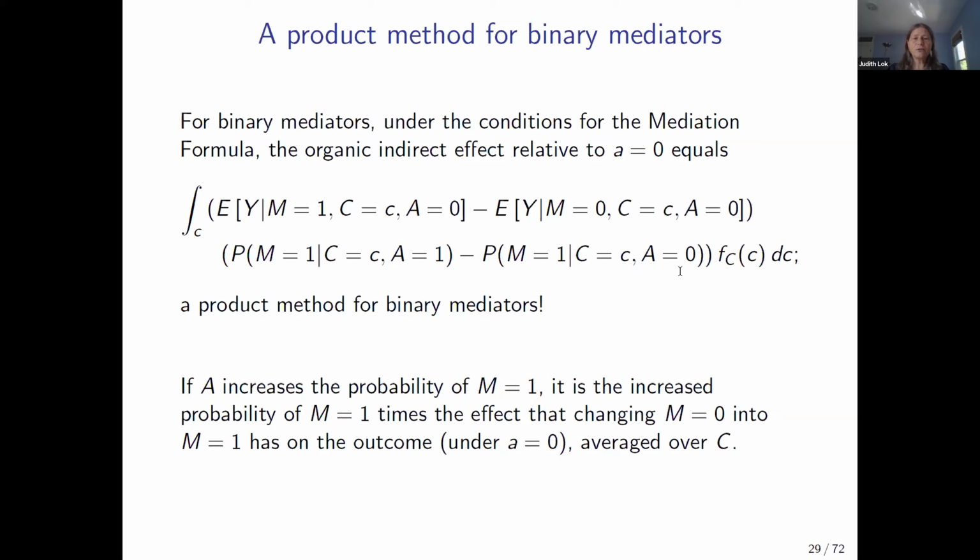So it's the effect of treatment on the mediator times the effect that the mediator change has on the expected outcome under A equals 0. And this is averaged over the distribution of C.